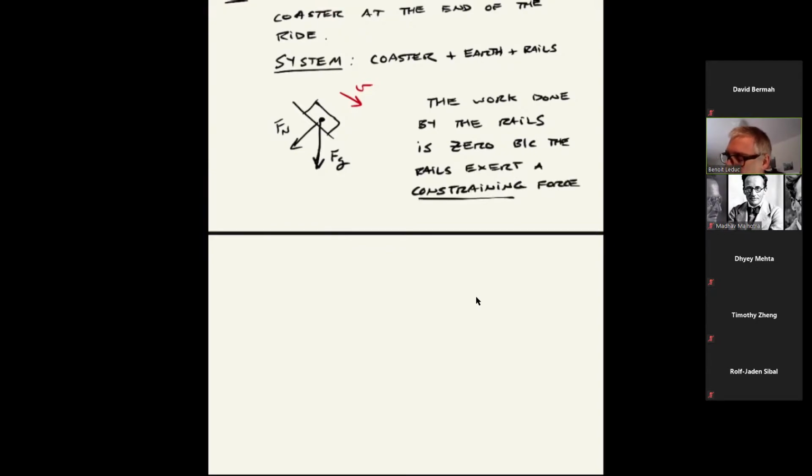All right. And what a constraining force is, let me put it here.